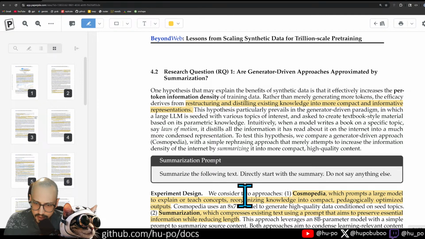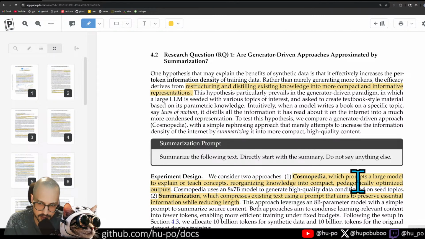Okay. Consider two approaches. Cosmopedia, which prompts a large model to explain or teach concepts, reorganizing knowledge into compact, pedagogically optimized outputs. So Cosmopedia is rephrasing. And then summarization, which compresses existing text using a prompt that aims to preserve essential information while reducing length. What we're comparing here is, within this rephrasing paradigm, rephrasing that tends toward compression, and that's what summarization is: can you get a small model to create a new sequence of tokens which has the same knowledge as the original seed data but is lower in length?